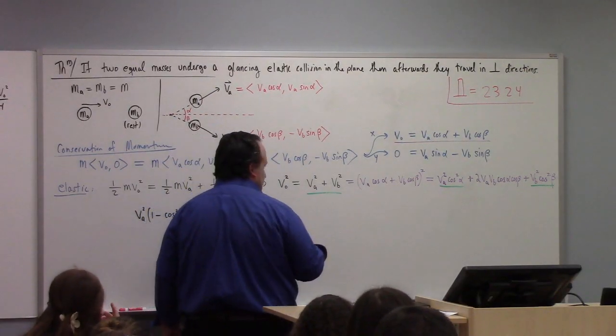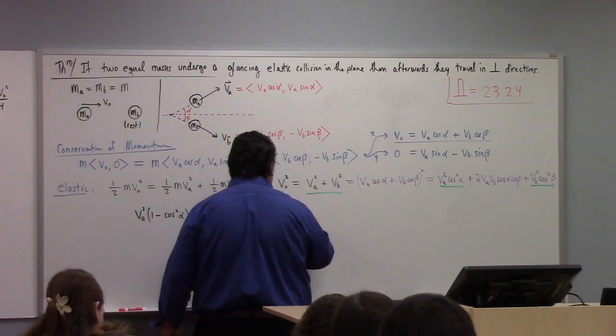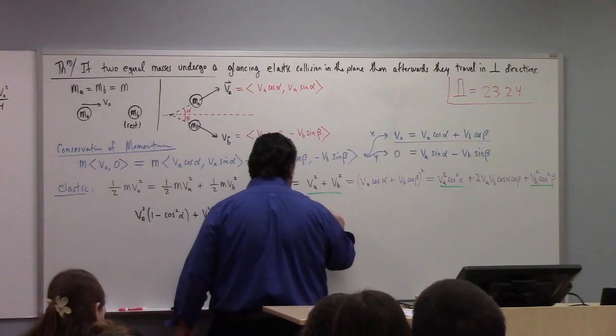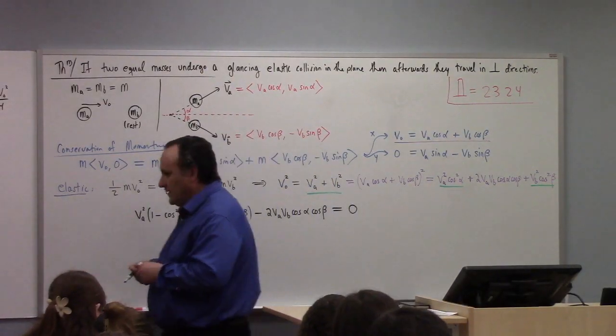In fact, I'll put everything on the same side. Minus 2 VA VB cos alpha cos beta. All right, equal to 0.